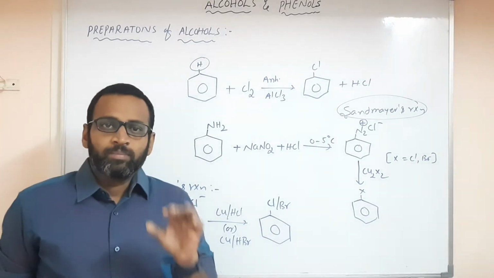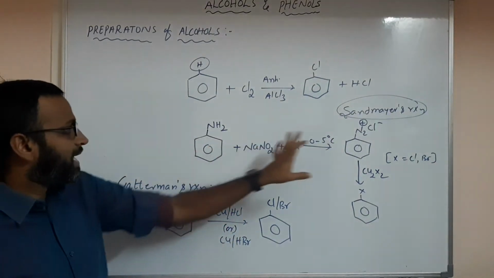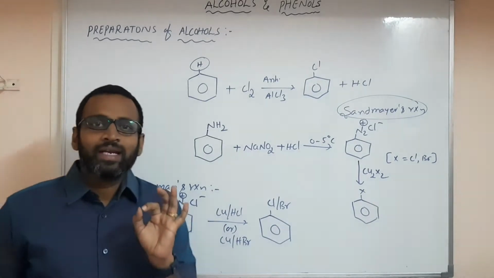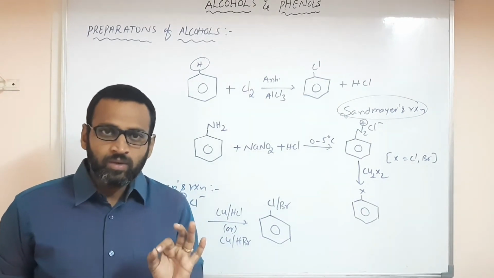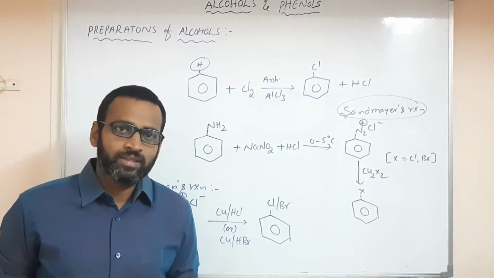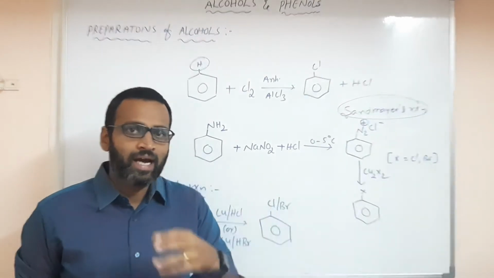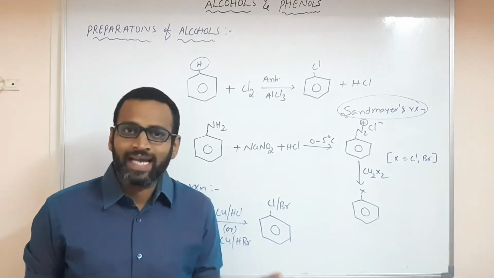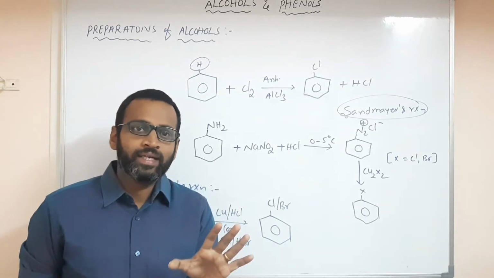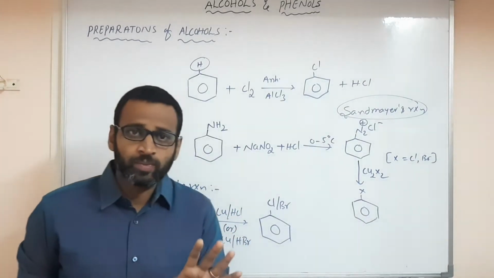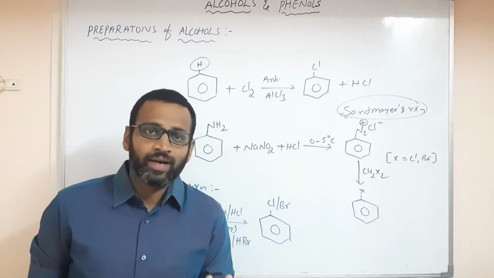Remember, by using Sandmeyer or Gattermann, you will have only chlorides and bromides. If we prepare iodide, then that is not the Sandmeyer reaction. Sandmeyer or Gattermann is used to prepare only chlorides and bromides.